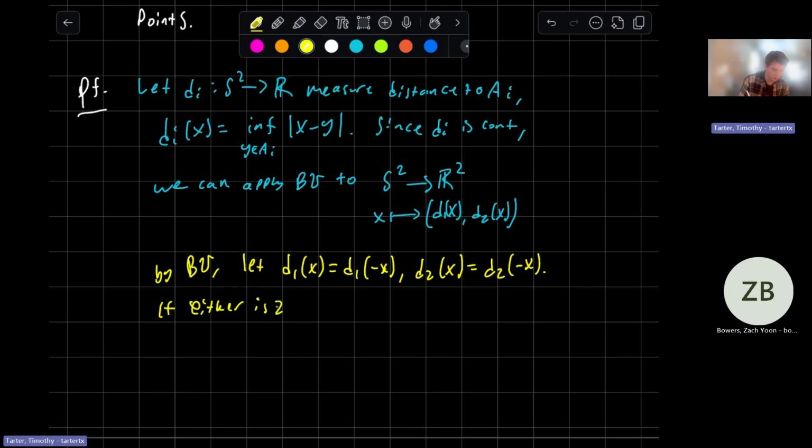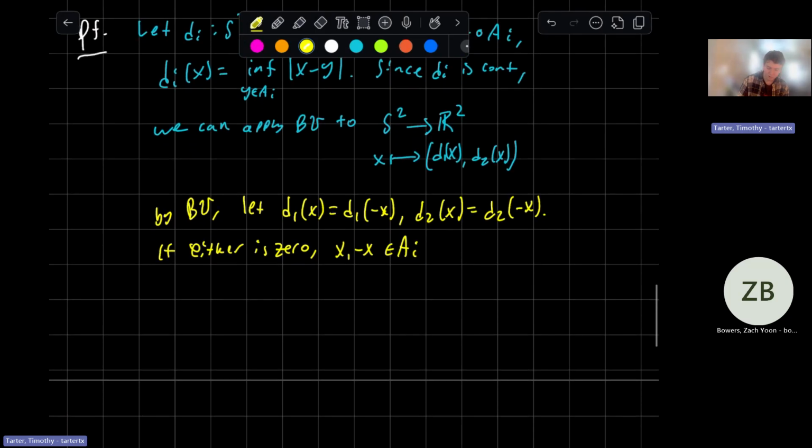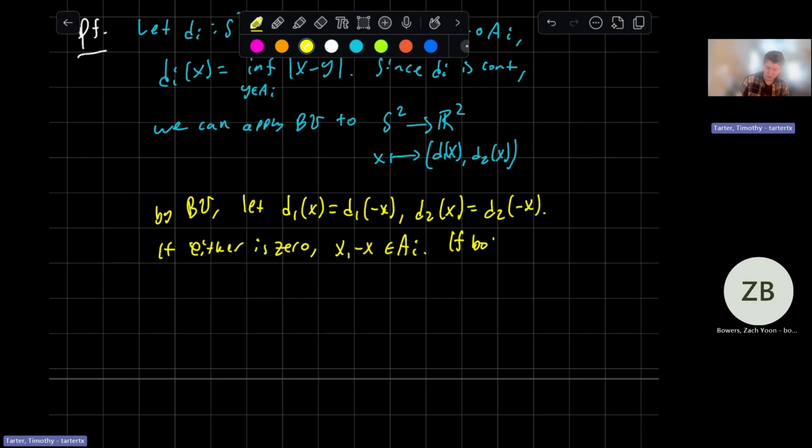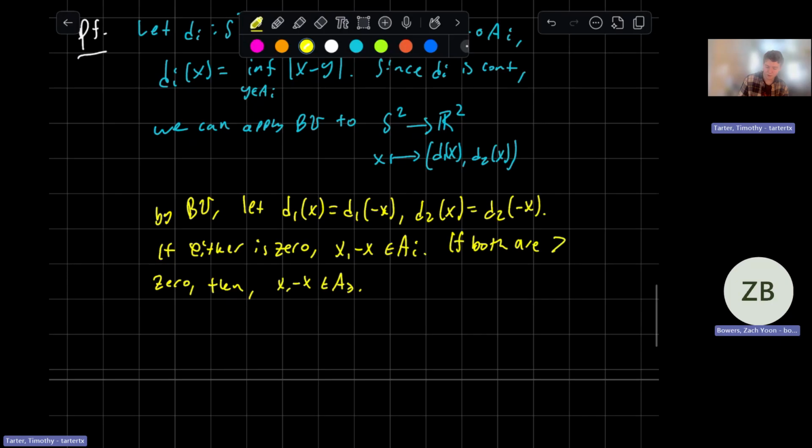If either is 0, x and minus x are in Ai. If both are 0, then x and minus x are in A3. That doesn't make sense. No, it's that if they're both strictly greater than 0, both positive, then they are in A3.